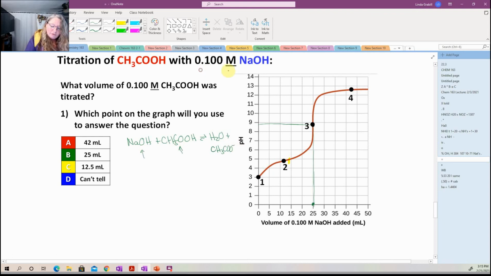So if they're both the same concentration, if I have 0.1 molar of both, I'm going to expect to need to use the exact same volume of my strong base, my titrant, with my weak acid. So I'm going to guess that in this case I had to have started with 25 mils of my acetic acid if it took 25 milliliters of my sodium hydroxide. So the answer would be 25. No math, isn't that fun?